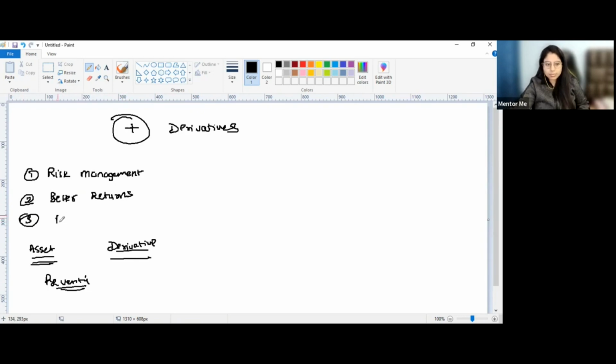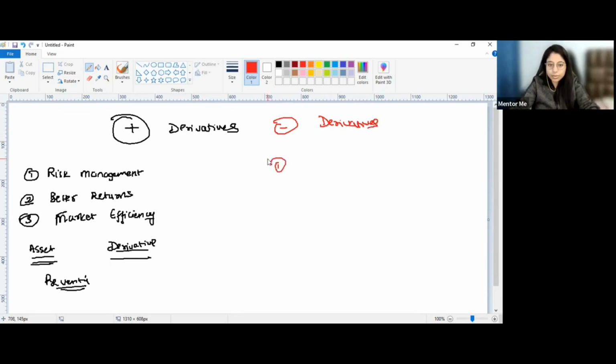Here what you can remember is that it helps increase the market efficiency. So it increases market efficiency, it gives you better returns, it gives you better risk management. There are a lot of plus points to derivatives, but at the same time we have certain challenges or certain negative points also with respect to the derivative contracts.